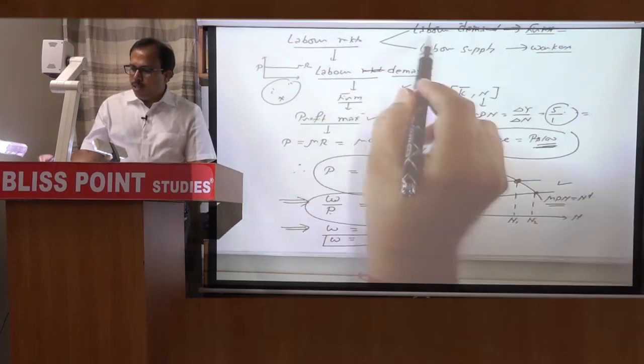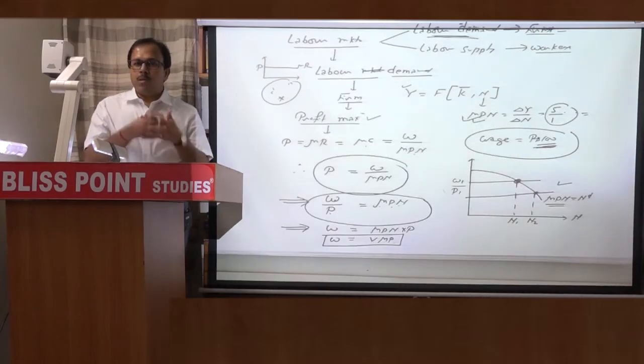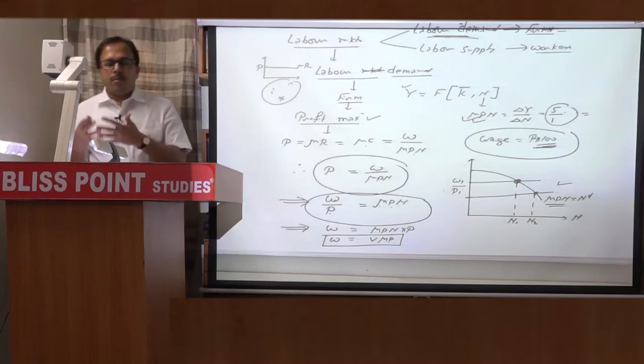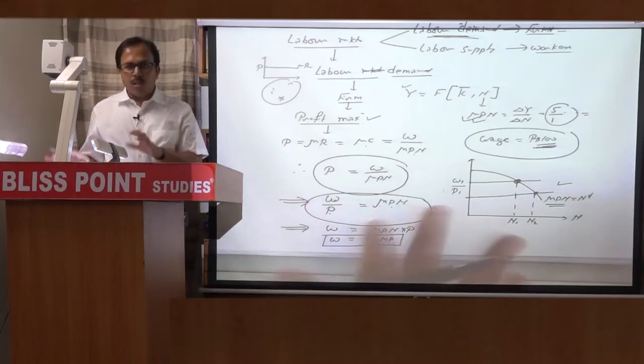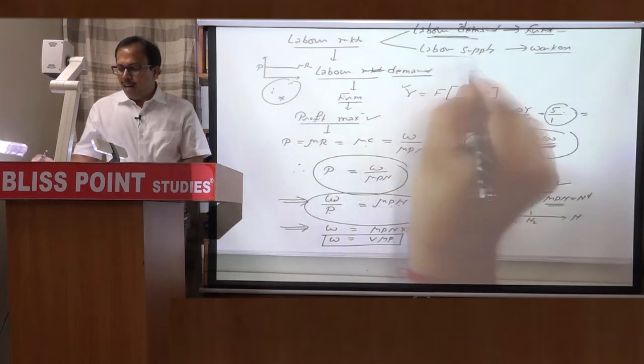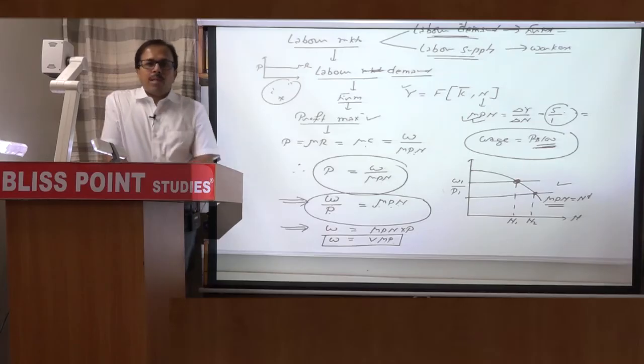You have derived one section, one part, but employment does not depend only on demand. Employment will be determined by the equality of demand and supply. When we add that labor supply, then you can explain how employment gets determined in the labor market. Clear?